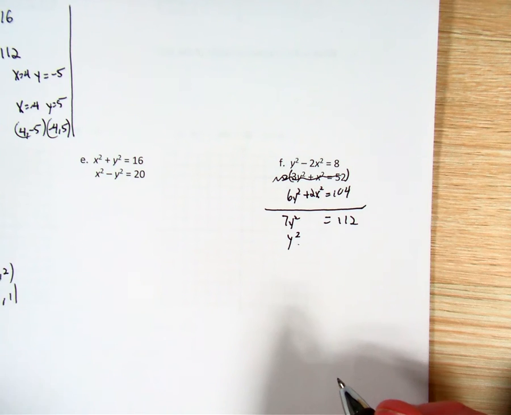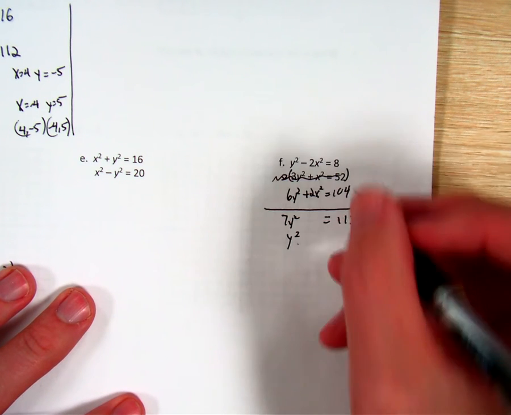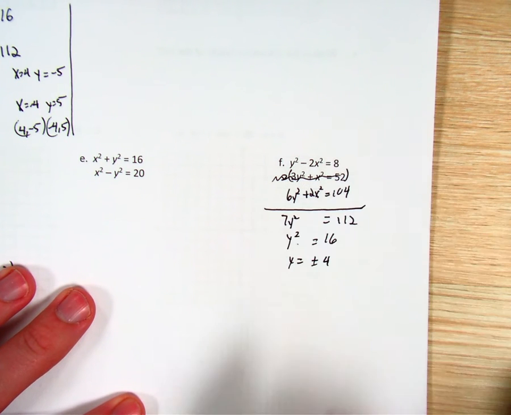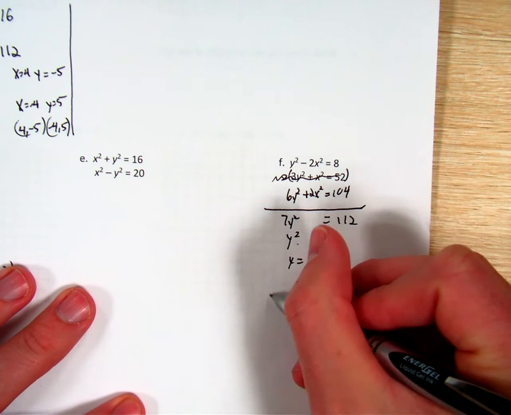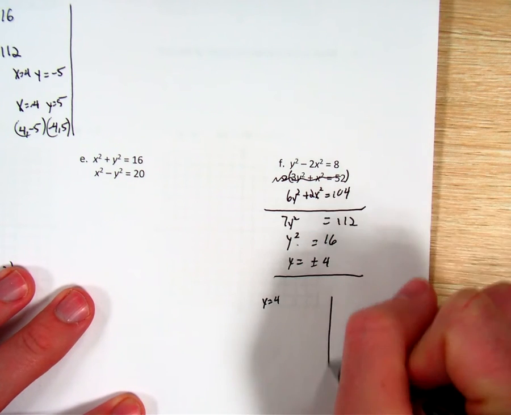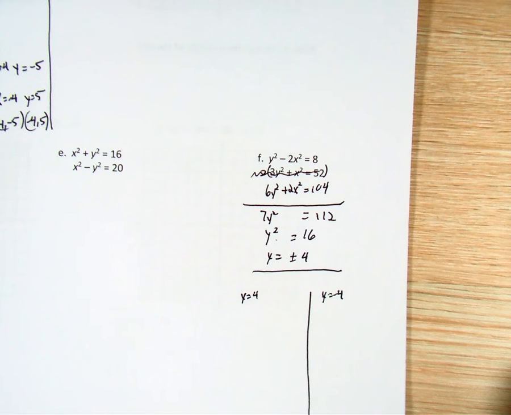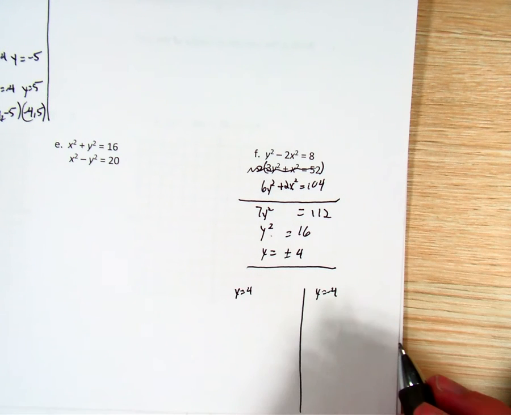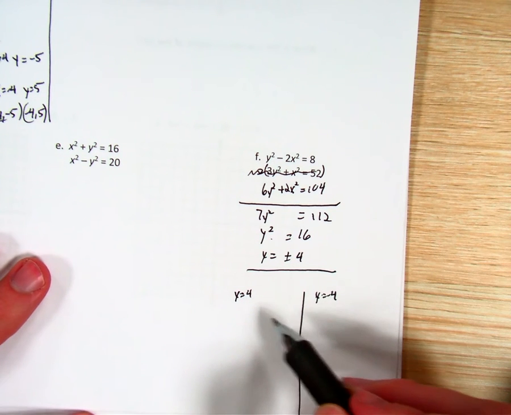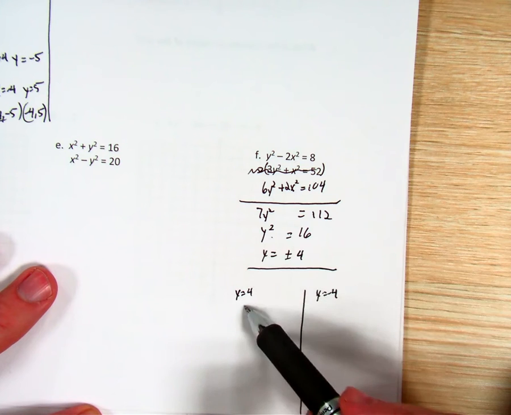Y squared would equal 16, which makes y plus or minus 4. All right. So, now we're going to put this back in for x. Or put this in for y to solve for x.